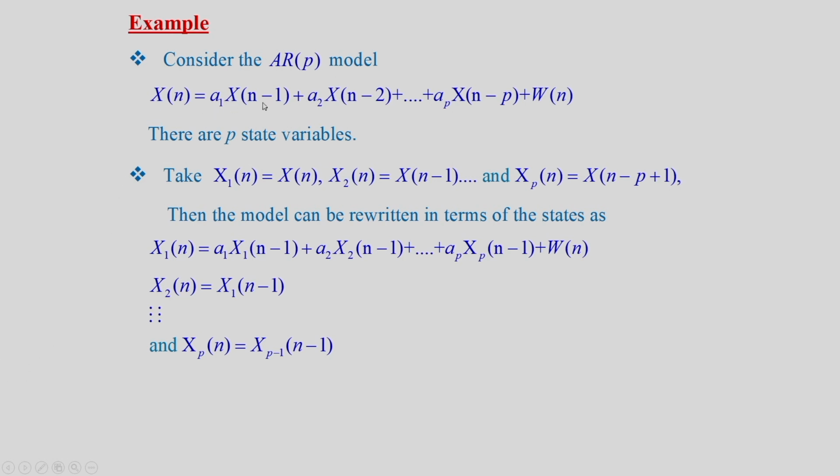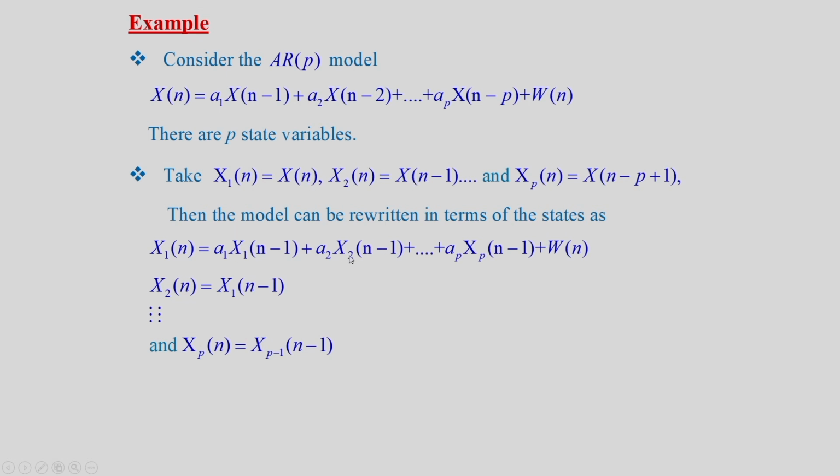This relationship we can write as this x1 of n, that is the first state, is equal to a1 times x1 of n minus 1, because x1 of n is equal to xn, plus a2 times x2 of n minus 1, where x2 of n is nothing but x of n minus 1.